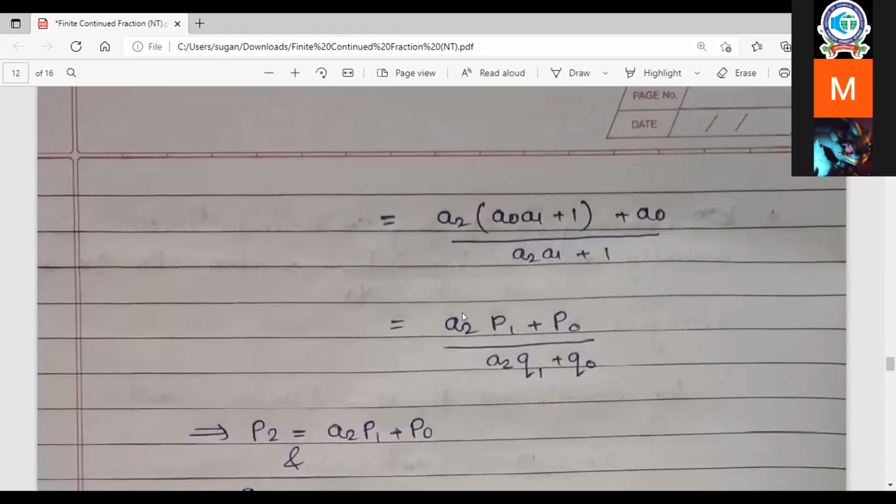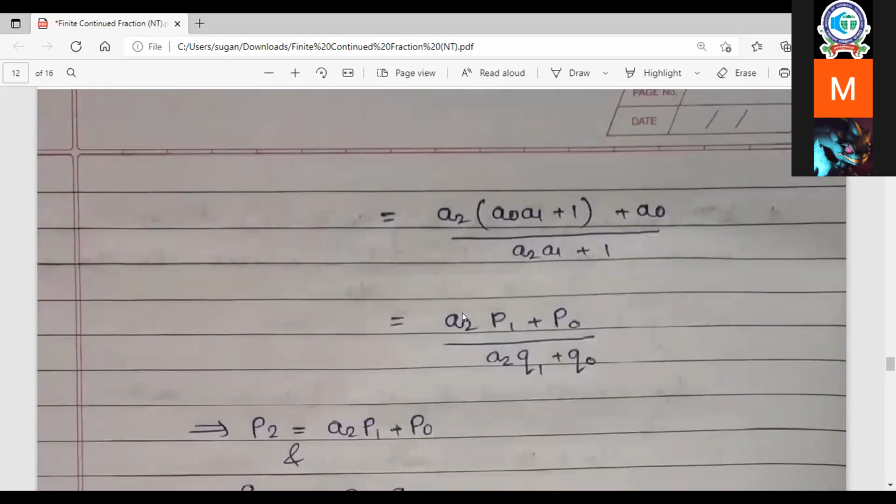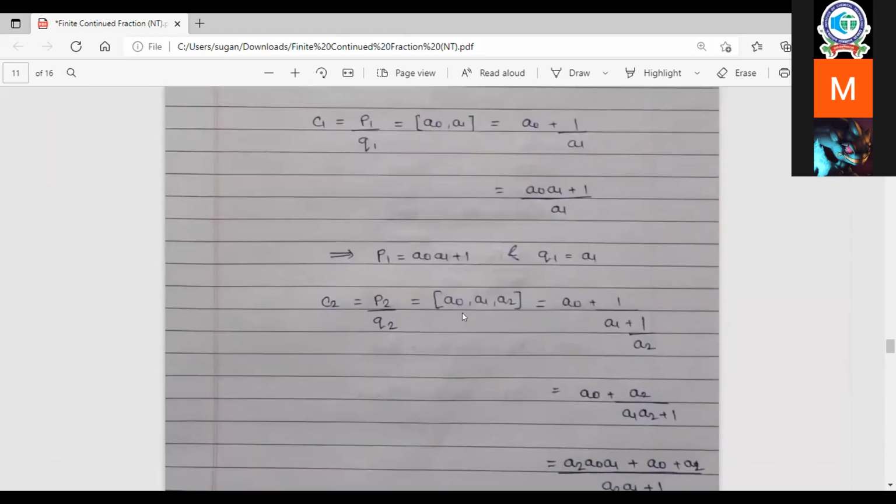So P2 you already wrote as A2 P1 plus P0, right? Yes, sir. So what is P0? P0 is A0. So P1 is A0 A1 plus 1, whereas P2 equal to A2 P1 plus P0.